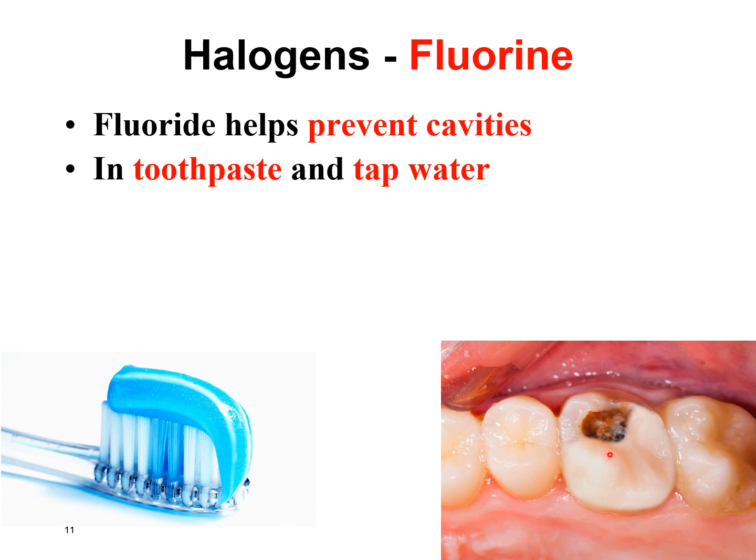So the fluorine will help harden the enamel again. And then also the fluorine does have some antibacterial activity. So it does oxidize things, and that helps kill the bacteria in your mouth as well. So we do find fluorine in toothpaste, and a lot of cities have put fluorine in their tap water as well.